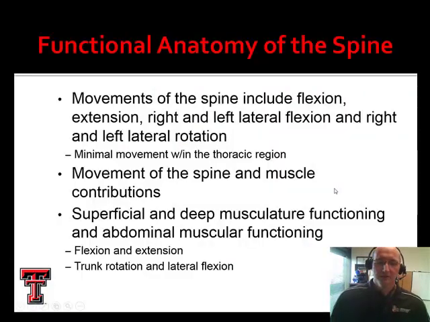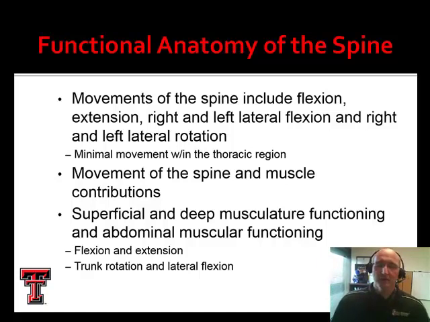Okay, so starting with the functional anatomy of the spine, we know that the spine can move in a number of different directions, all three planes: flexion and extension in the sagittal plane, right and left lateral flexion in the frontal plane, and left and right lateral rotation in the transverse plane.